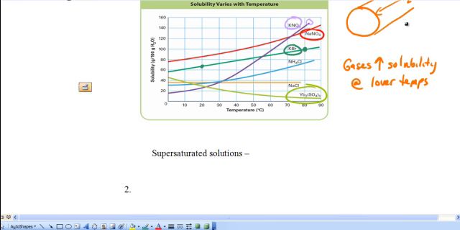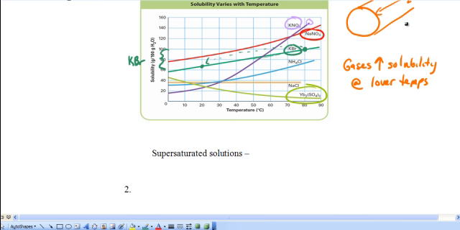What can happen is, as you cool this thing down from this temperature to this temperature, that amount of KBr should crystallize. But in order to crystallize, you have to have some type of nucleation site. You have to have some organization and some place for these things to crystallize around.